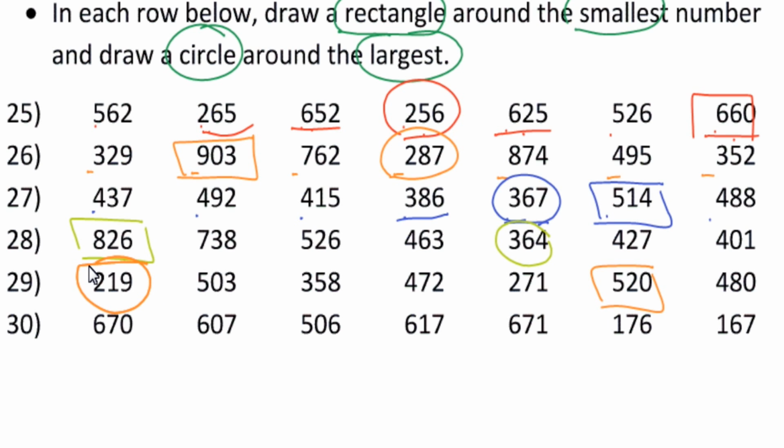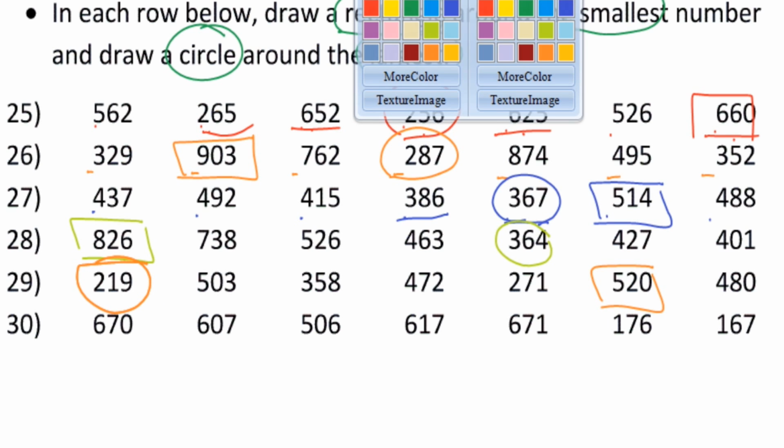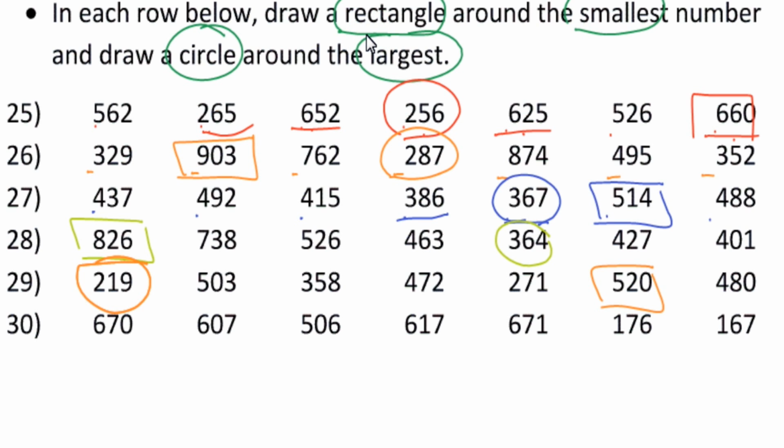I put a circle around the smallest and a rectangle around the greatest. Okay, the last one, when you search for the greatest number, you will find that 671 is the greatest number and the smallest is 167. I hope you understood it and you find it easy.